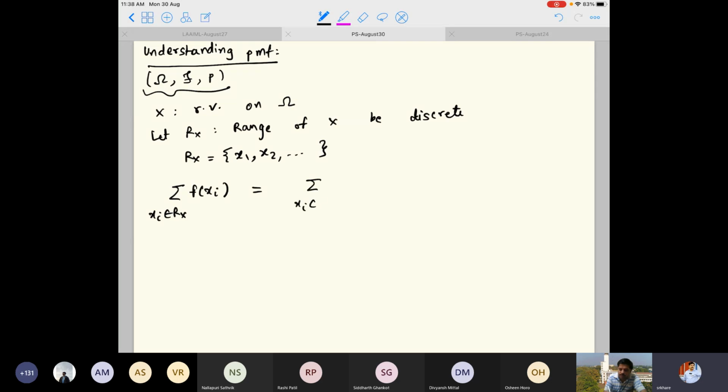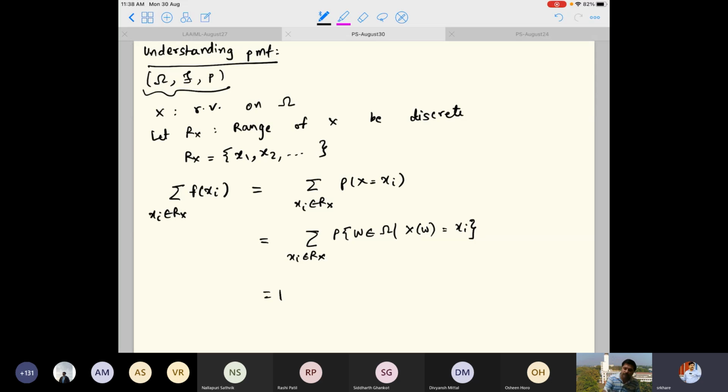Let us closely observe what is really happening, right? So this by definition is probability X is equal to xi. That's the way you assign probabilities. That's the way you define probability mass function. This further is nothing but, sum over all xi in R_X, of probability of all omega in Omega such that X(omega) is equal to xi. Now, why this sum is equal to 1? I want you to tell me why this sum is actually equal to 1.